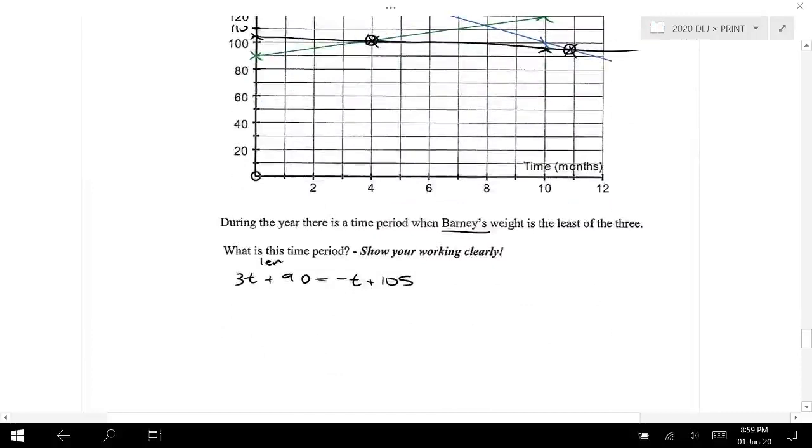So this is Lenny equals Barney. If we rearrange this, we're going to put the 90 on the other side and the negative t on the other side. We're going to get 4t equals 195. So t equals 195 divided by 4.